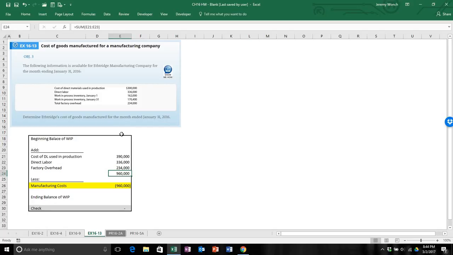And so then it tells us what our beginning inventory is. Our beginning inventory in work in process is $162,000. And it also gives us our ending inventory of $170,400.